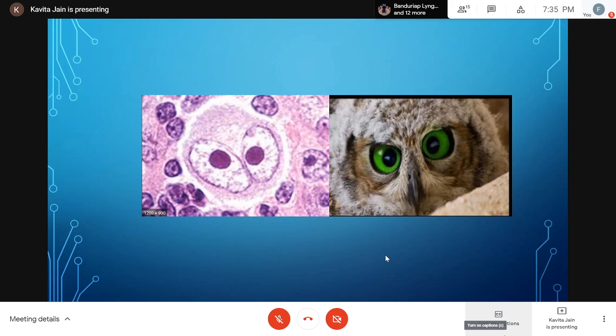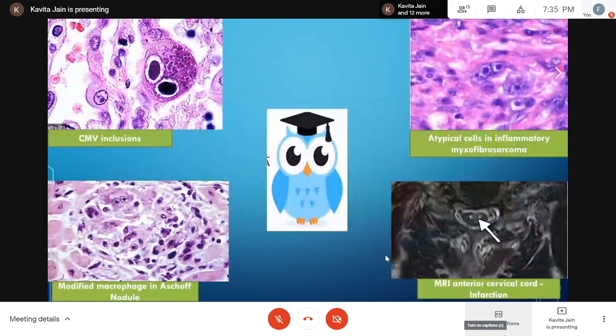And that actually happens. This owl has not only been seen associated with Hodgkin's lymphoma, it has also become a scholar by making research in fields of pathology and also in radiology, where it could find some more conditions like we could compare its eye appearance to those cells. The other conditions are the intranuclear inclusions in cytomegalovirus infections.